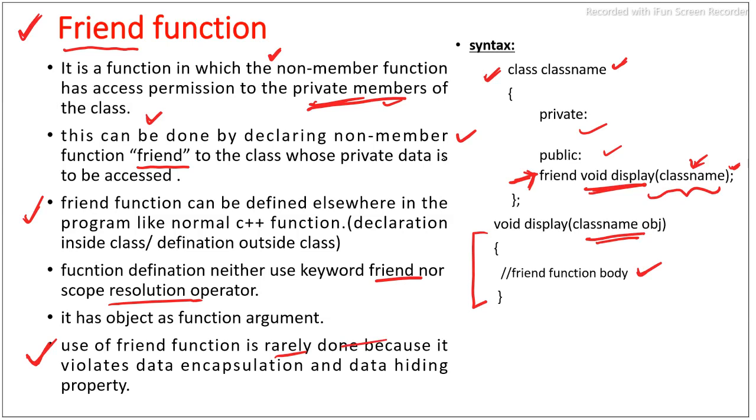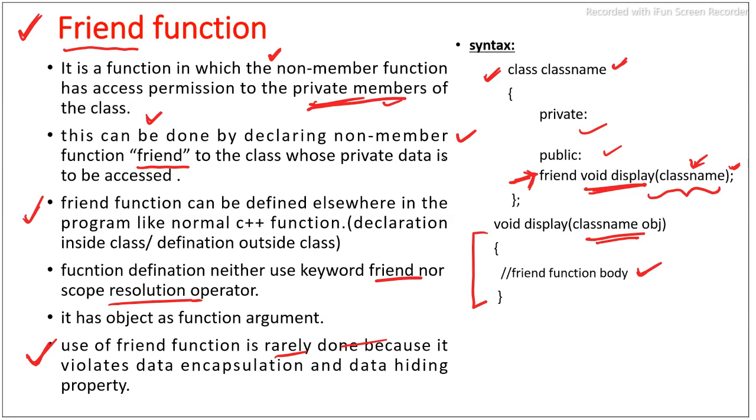We know that to protect our private data members, we use data encapsulation and data hiding properties, but a friend function violates these properties and can access private members also, though it is a non-member function.